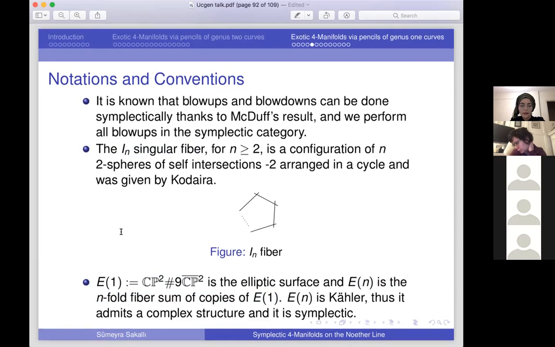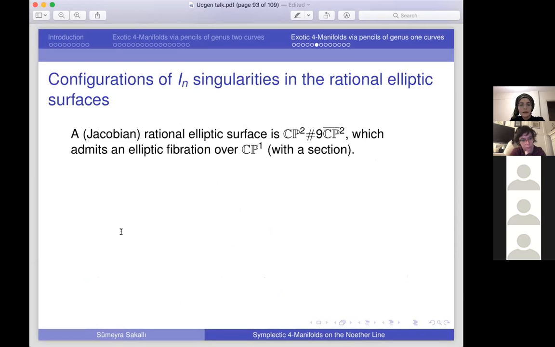And then these E(n) are Kähler, so they are both complex and also symplectic. And in my work, I have obtained configurations of those I_n type singularities lying in the rational elliptic surfaces. And let me talk about some well-known facts here.